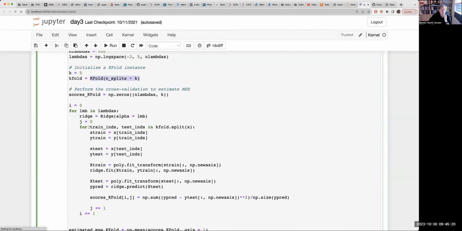Having used this functionality, which tells me where the different training and test indices start from, I can now set up my x train and y train, and then my x test and y test. I perform the fit using ridge regression, and then I make my prediction, which gives the mean squared error in my case. So that's just my mean squared error, which I'm setting up.